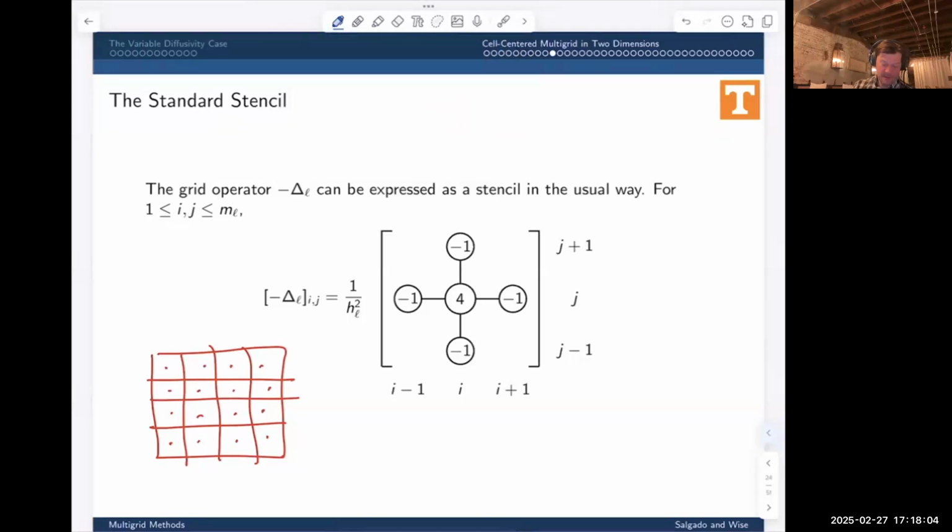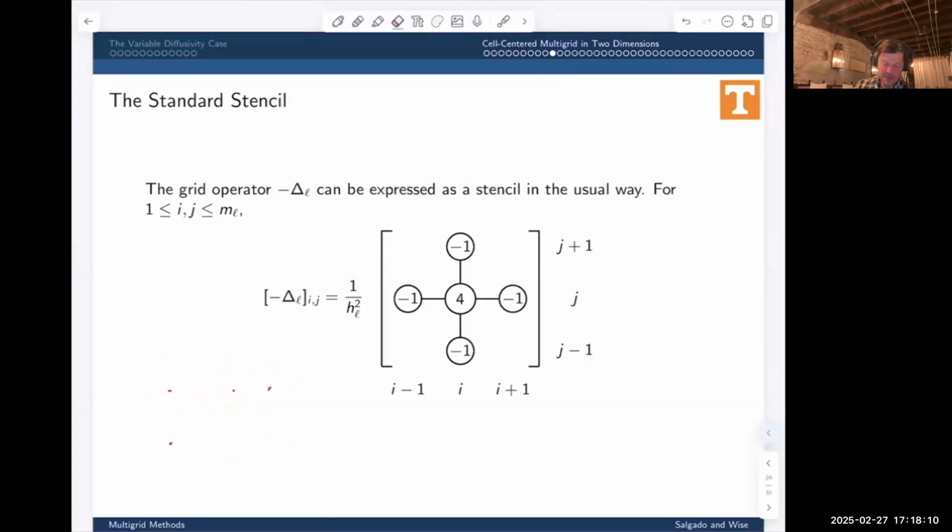Because, let me try to be artistic here once again, and hopefully not fail too badly at that. So, right, there's our cell-centered grid points, all 16 of them.